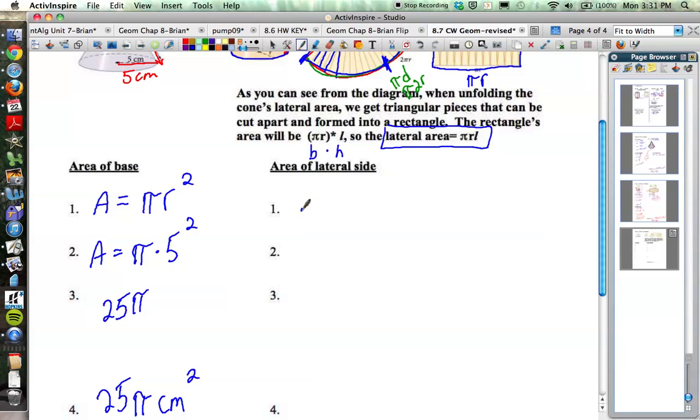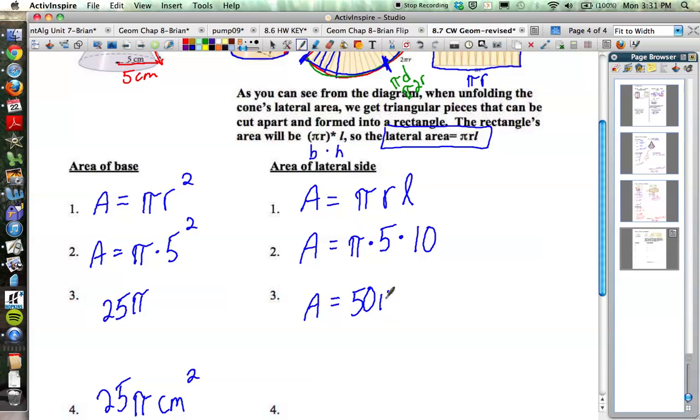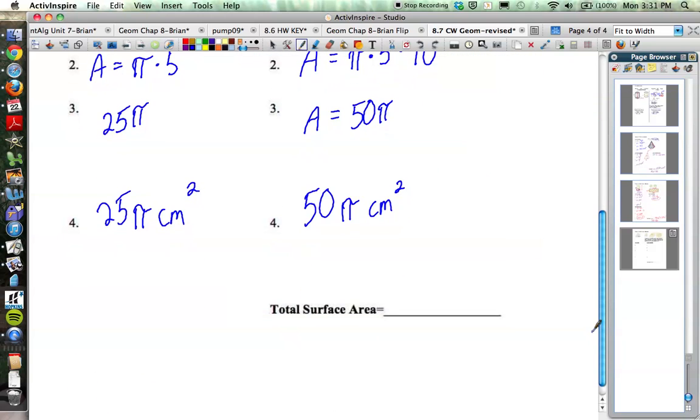We just talked about how the area of the lateral side of a cone is found by pi times radius times the slant height. In this problem, we had pi, and then the radius was 5, and the slant height was 10. Putting that all together, 5 times 10 is 50, so 50 pi, and therefore the lateral area is 50 pi square centimeters.